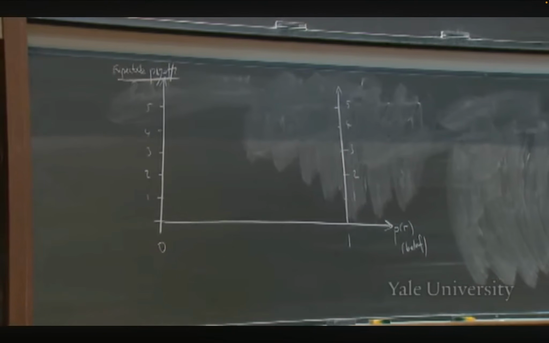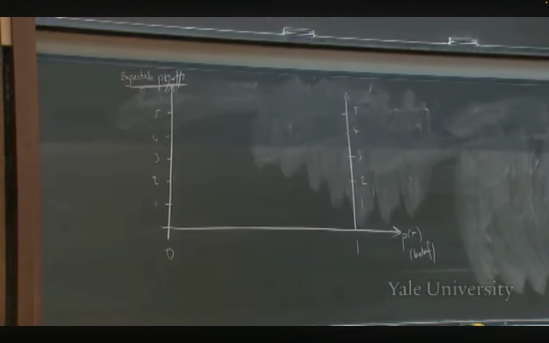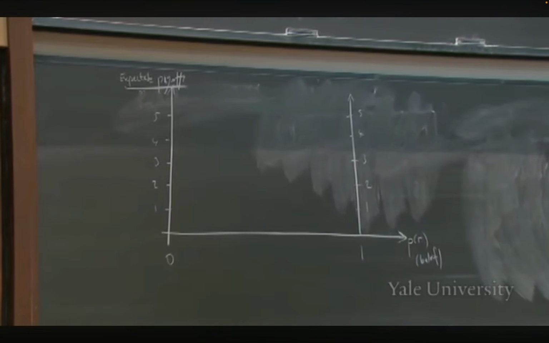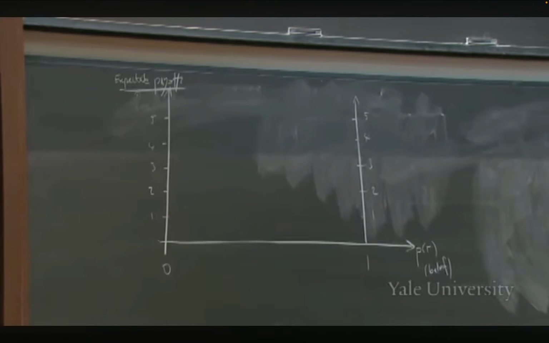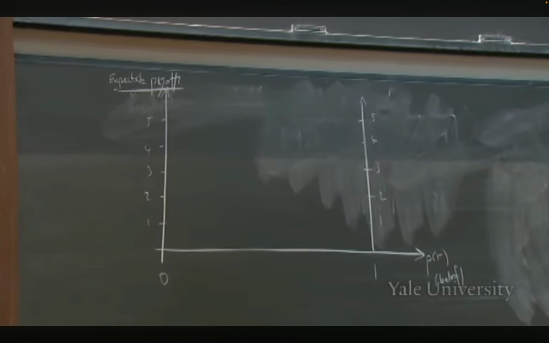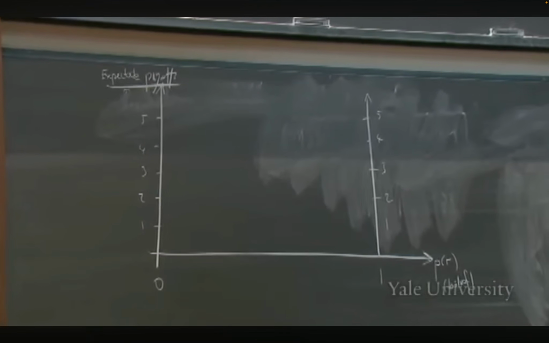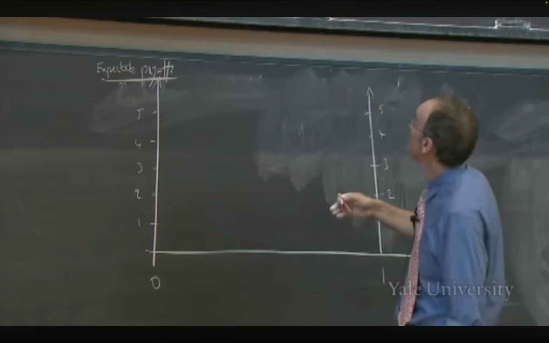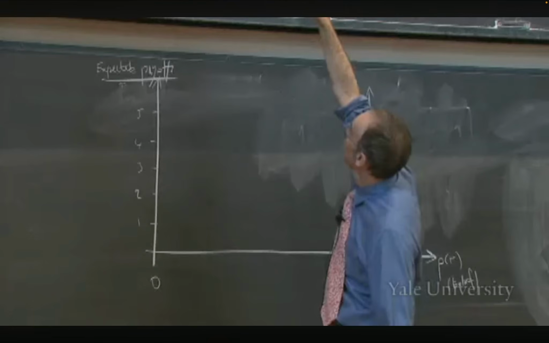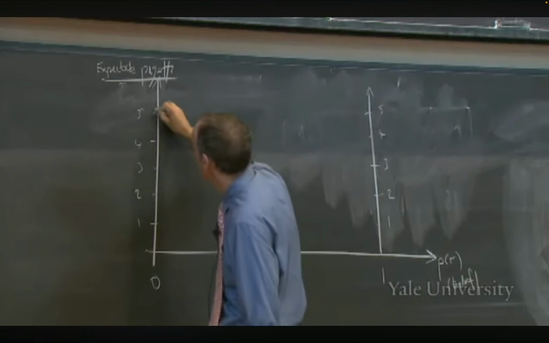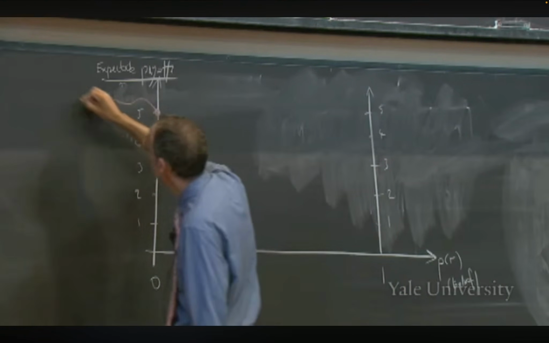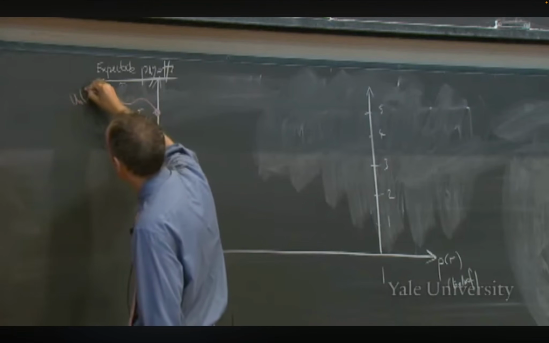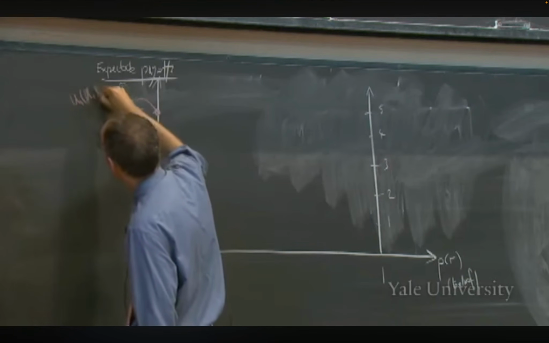If there's probability 0 that the other guy chooses right, that's the same as saying they choose left. So my payoff from up against that is given by the top box up there. I get 5. This is my payoff from choosing up against left.